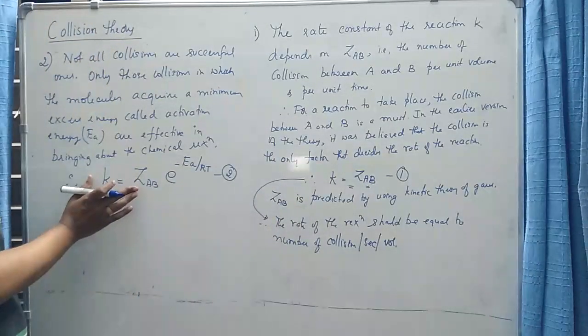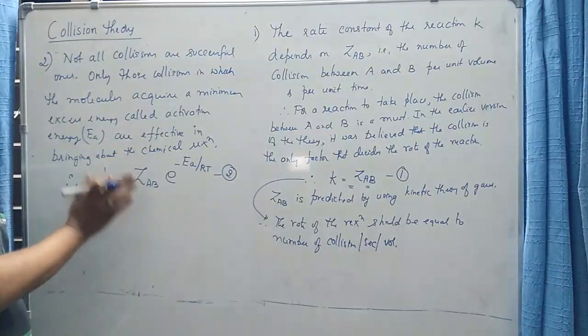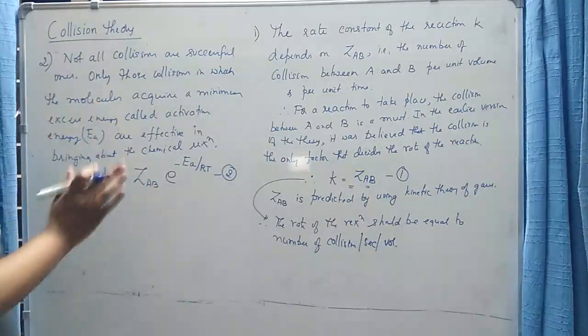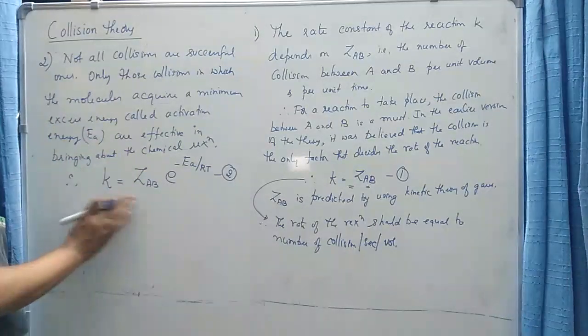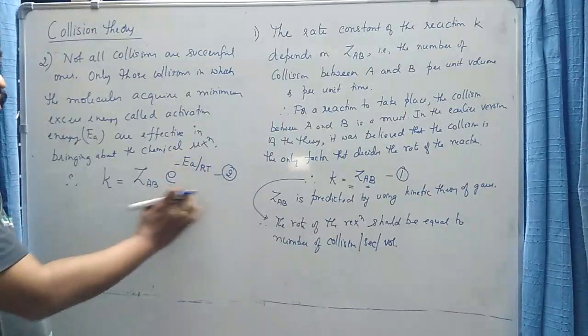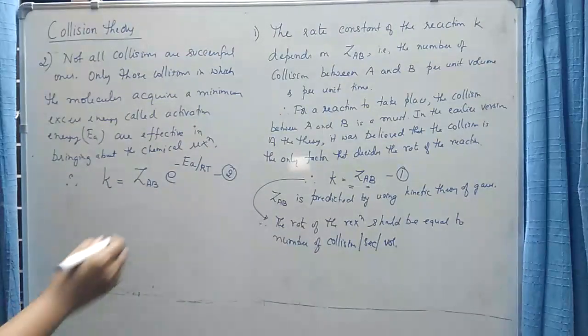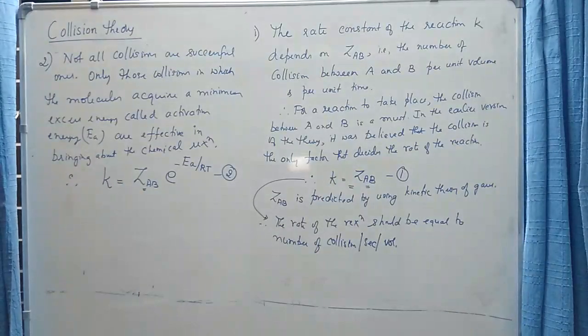So they have reduced the theoretical value of K. They wanted to reduce the abnormal value of K, and now they are successful in reducing it by multiplying by the exponential factor, which is nothing but the Arrhenius term. So this ZAB, that is the collision frequency, is similar to the Arrhenius factor A that we have in the Arrhenius equation.